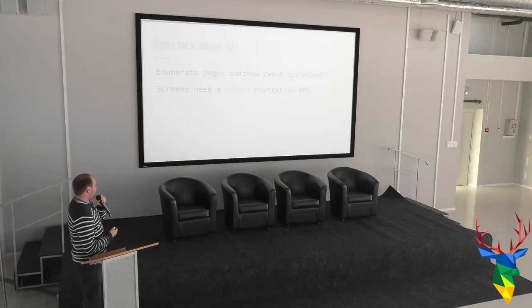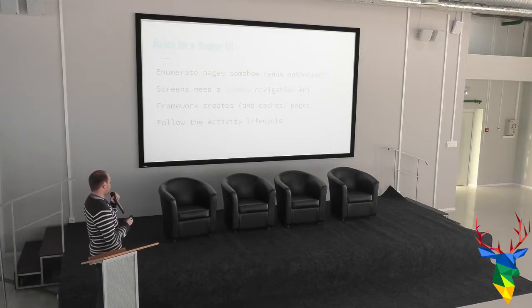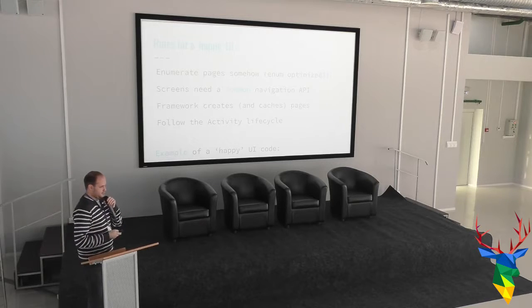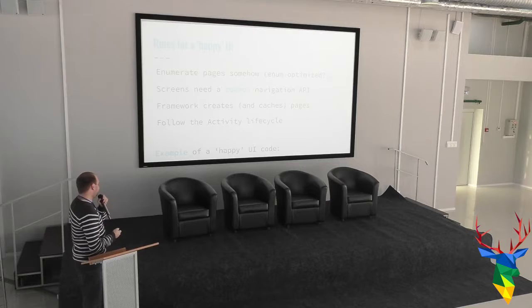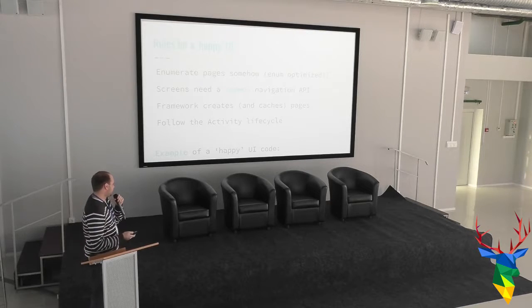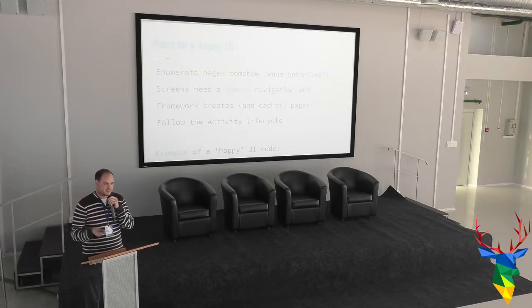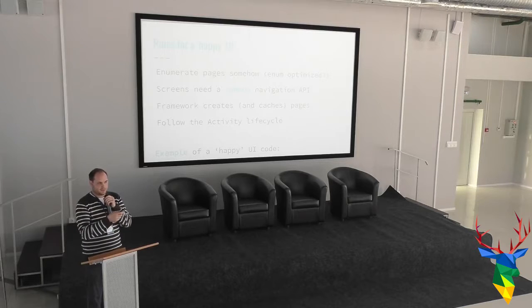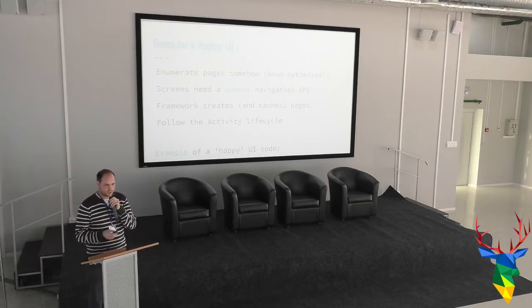Okay. We needed a common navigation API, something like this example. I'm missing a line here, and a very important line. Okay, I'll try to explain it. So right now we have something like navigate.